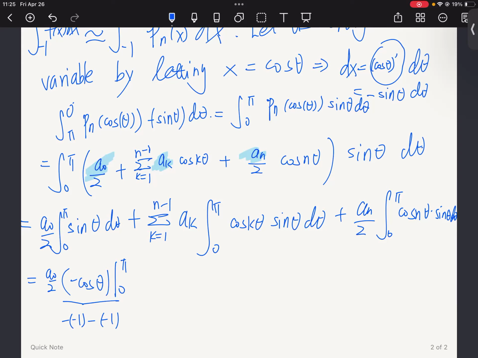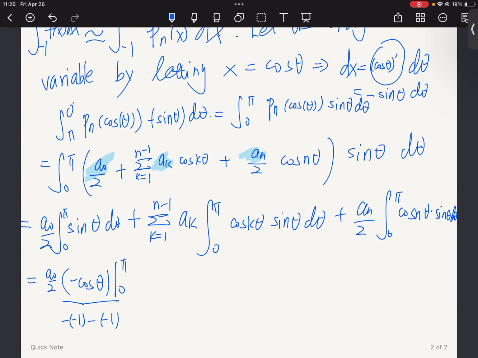So cosine pi here is just -1, but I have a negative sign here, and then subtract, evaluate at 0 here, and it should be 1 here for this one, and so I have a negative sign here as well. So at the end of the day, this is just 1, and this is +1, and then divided by 2, and then I got A0.